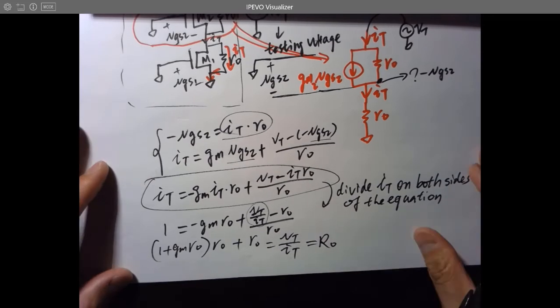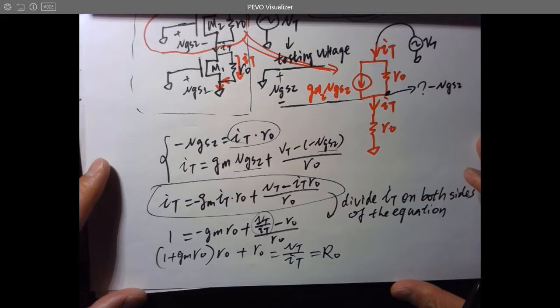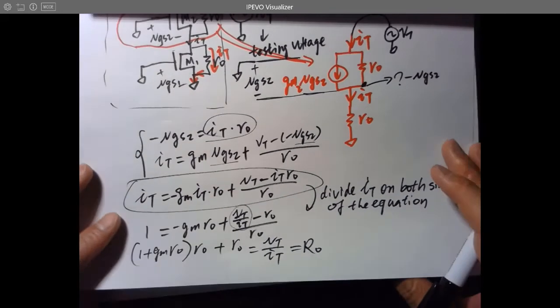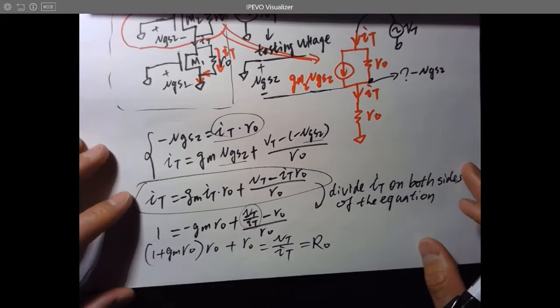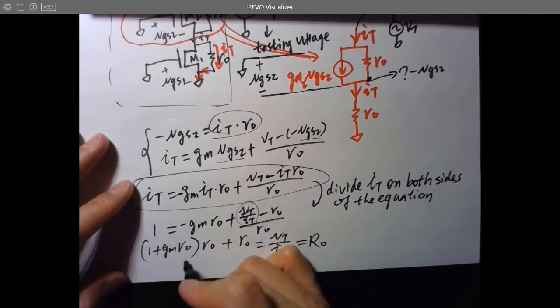All right, so right now we can do one more step to find a simpler version of RO.